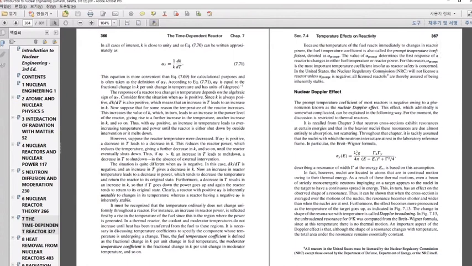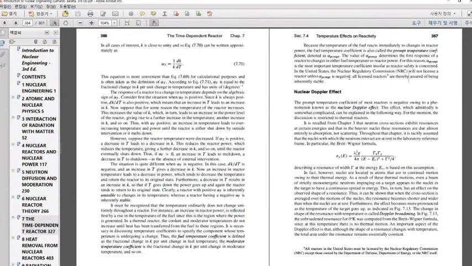And the design requirement is that, in the United States, the Nuclear Regulatory Commission is the regulatory body. This regulatory body will not provide a license, will not allow any design, unless this feedback effect is negative.